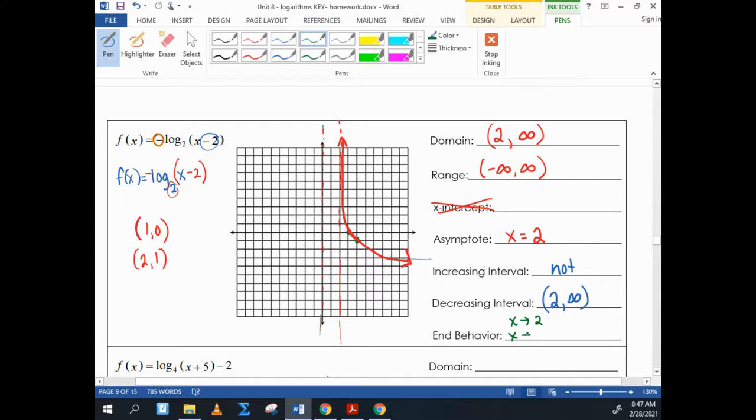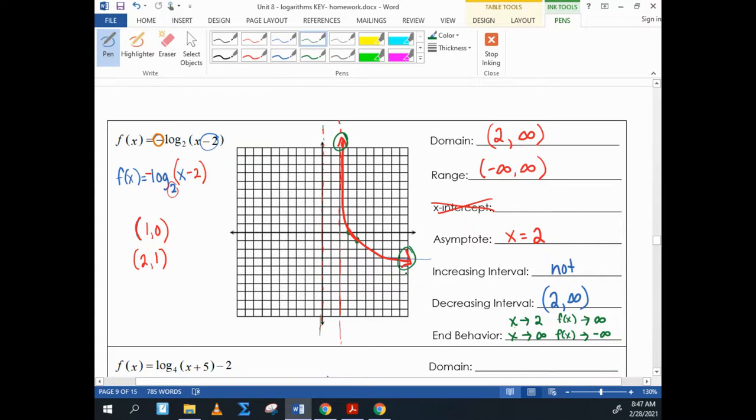So we're going to look at both of those ends right there. And we're going to say, well, as x is going to 2, that's right here. Here's my 2. My y's, or my f of x's, are going to infinity. As my x goes to positive infinity, my y's, or my f of x's, are going slowly, but they are still going down. So it's going to go to negative infinity.